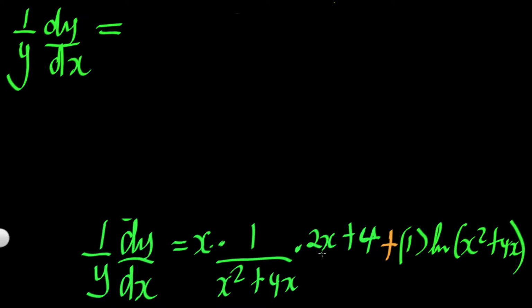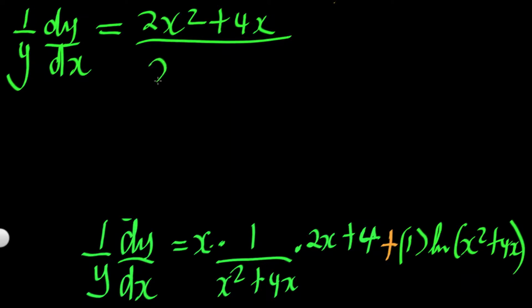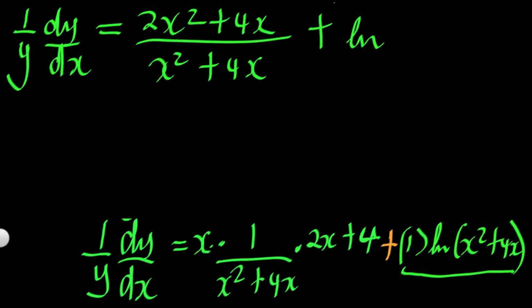This x is going to multiply x plus 4. We'll get 2x squared plus 4x all over x squared plus 4x, and plus the second term here, which just becomes ln of x squared plus 4x.